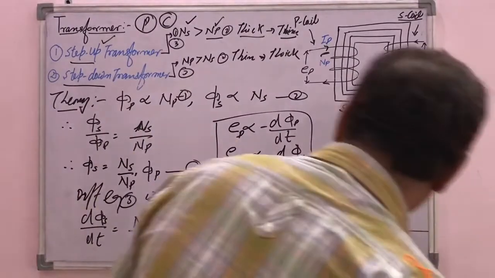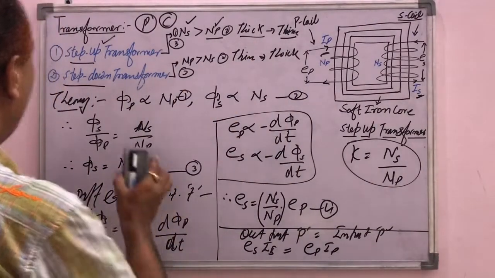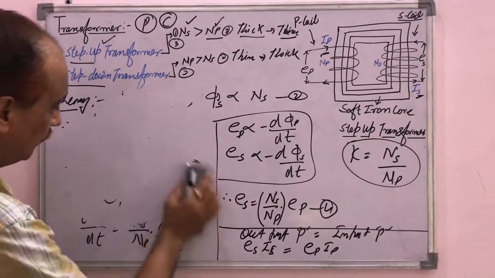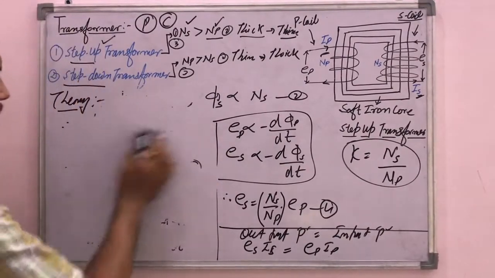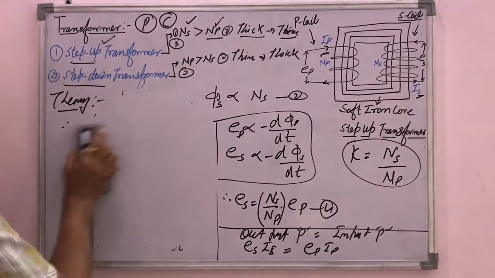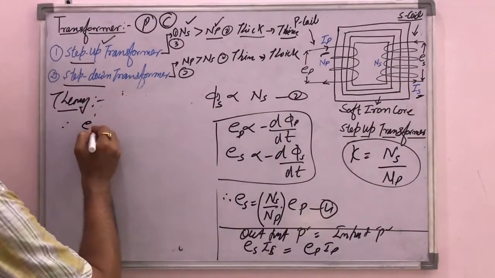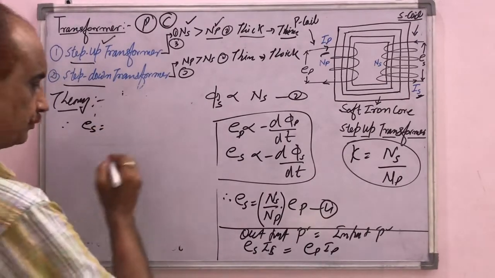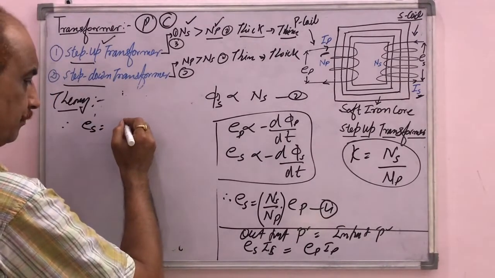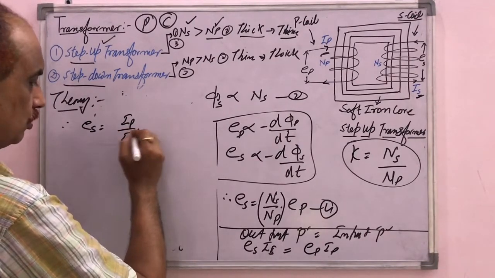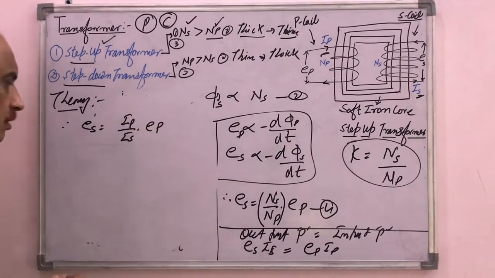From this formula we can find out how much output voltage is obtained here. So we write the formula for Es: from this equation, Es will be equal to Ip upon Is into Ep.